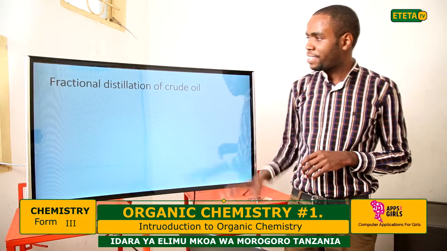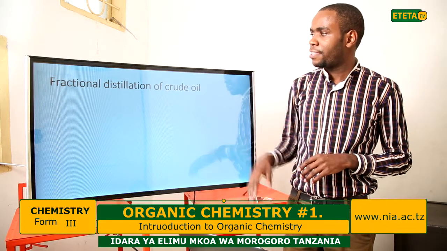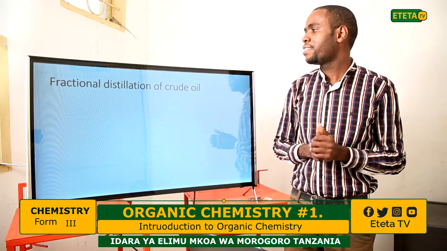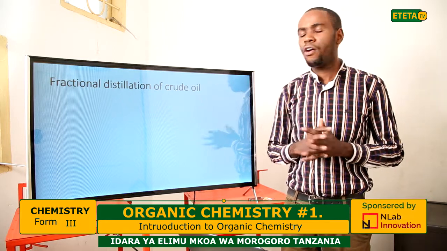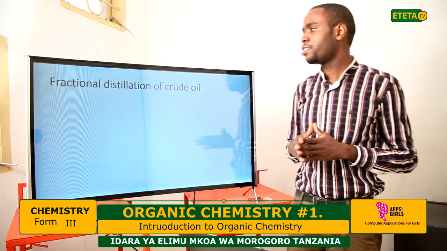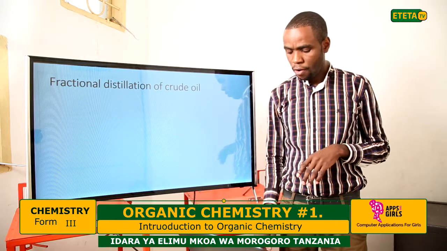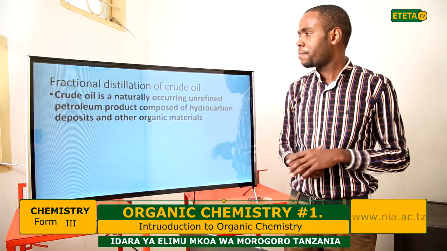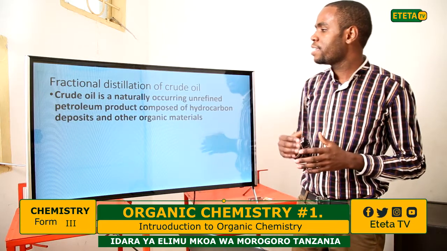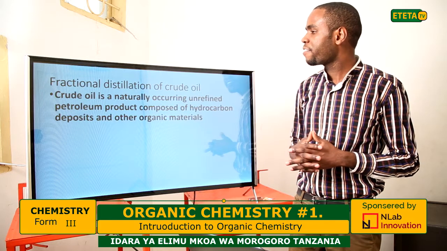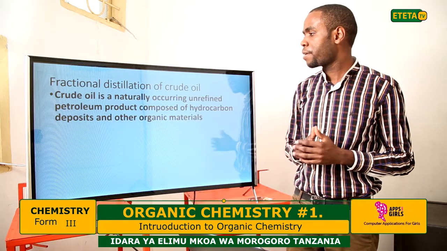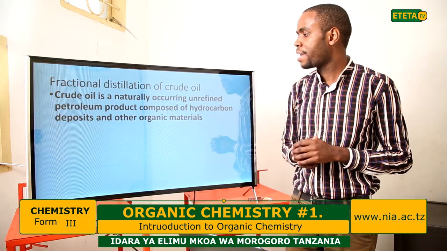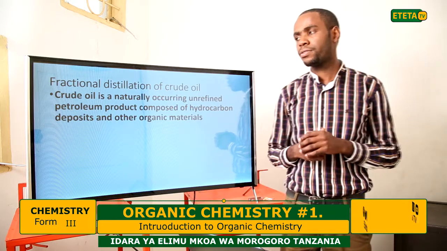Now, after discussing this, let us discuss another part, which is called fractional distillation of crude oil. Crude oil, what is crude oil? By definition, you can say crude oil is a naturally occurring and refined petroleum product composed of hydrocarbon deposits and other organic materials.